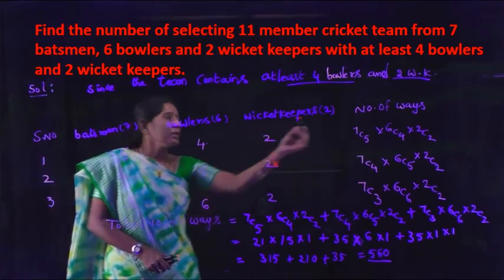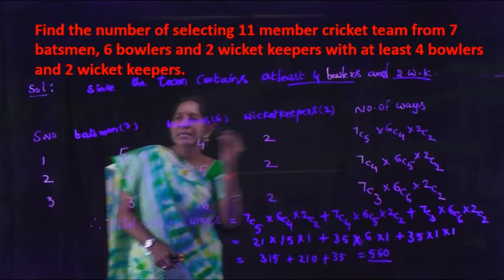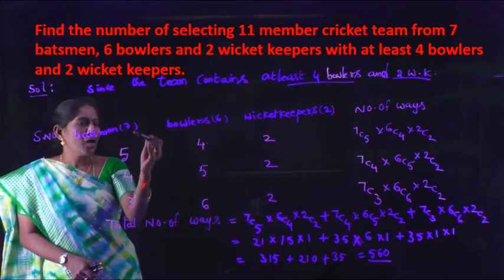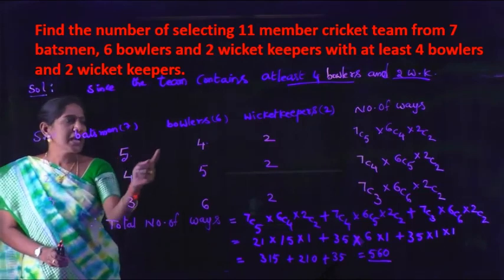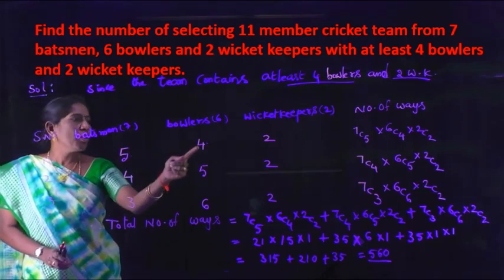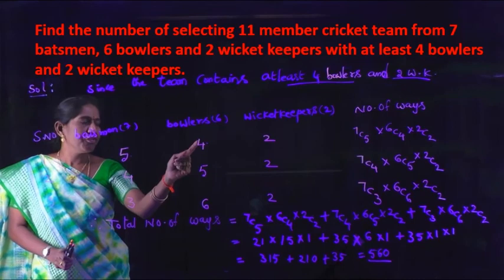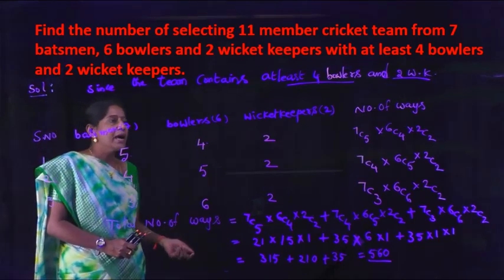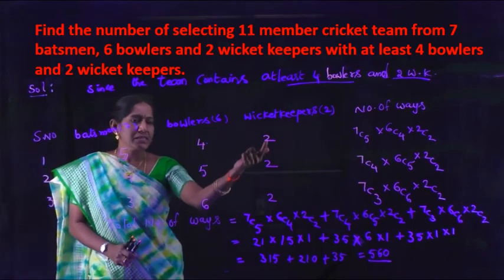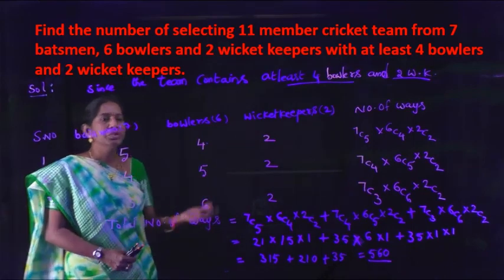Therefore, number of ways. Select 5 batsmen out of 7 batsmen in 7C5 ways, and 4 bowlers out of 6 bowlers, 6C4 ways, and 2 wicket keepers out of 2 wicket keepers, 2C2.